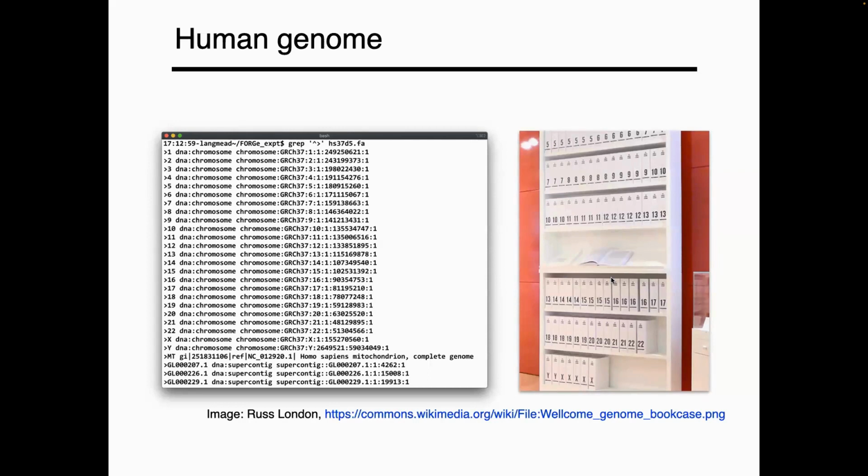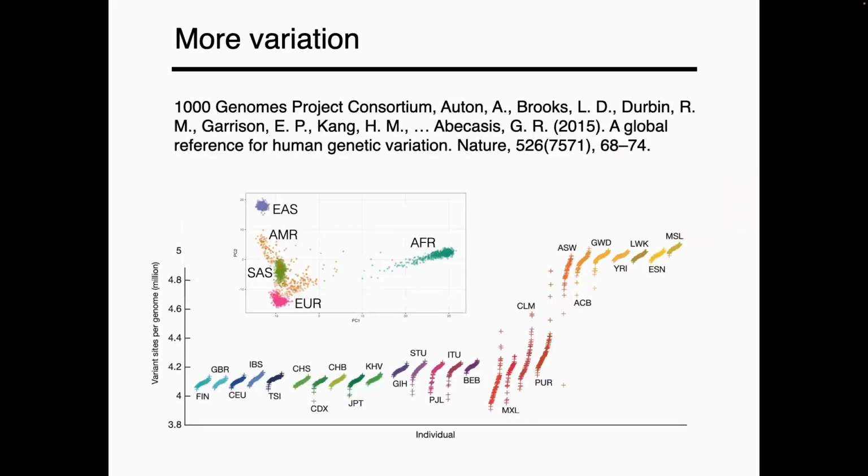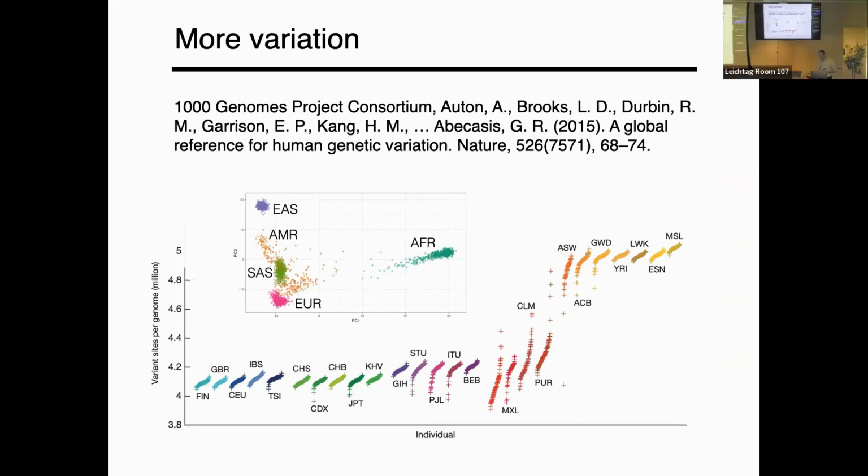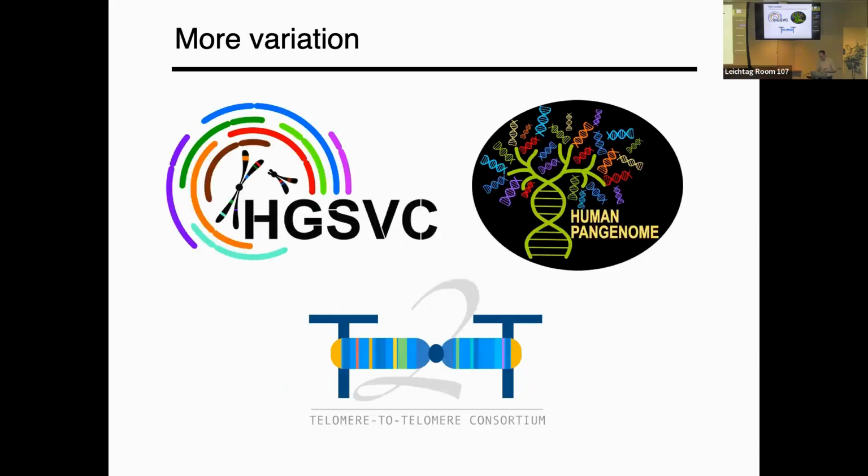And we've had a pretty consistent complaint about the genome, which is that it doesn't represent the variability that we know exists among humans, right? So it's just one haplotype. It's just one haplotype assembly of human. And over time, we, of course, have learned more about the wider range of human genetic variation through, for example, the 1,000 Genomes Project, where this figure comes from, but also through many other projects, a few listed here.